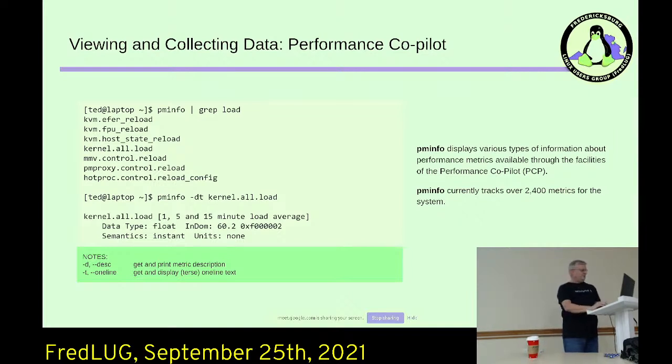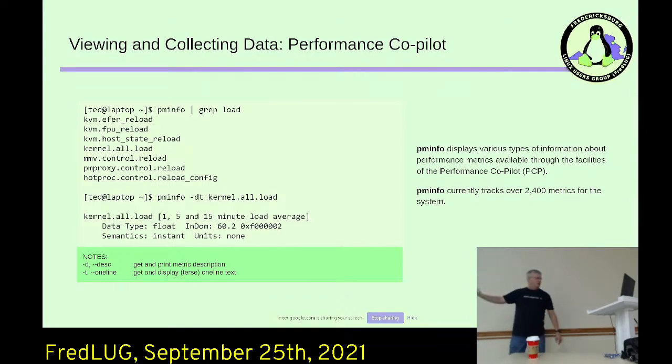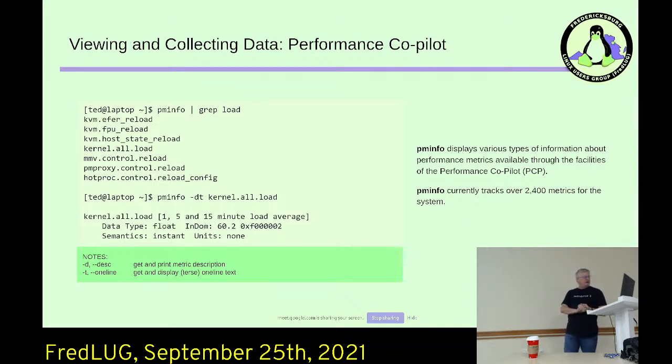So if you type in this command, pminfo grep load, or you type pminfo -dt, which just gives a description and a one-liner, you can see when I grep load, there's 7 or 8 different things about just looking at load: kernel load, KVM load, proxy load, hot process control load, so all kinds of cool stuff there. And then if I just look for kernel.all.load, you can see that kernel.all.load gathers data over 1, 5, and 15-minute load averages. It shows you a floating point number, and it has some other information about it.